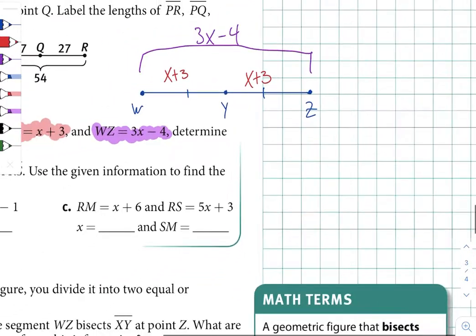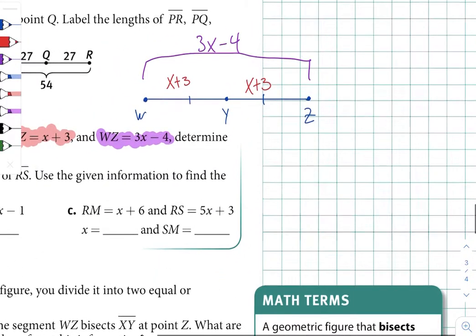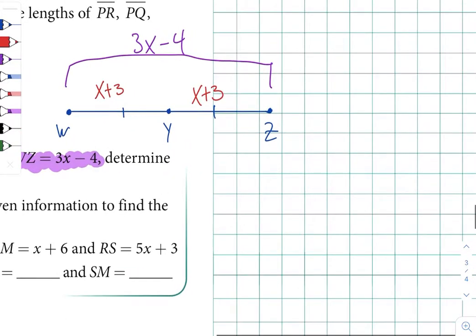Now what I want to do is solve for x. So I have to set up an equation that's going to represent this. Basically the two halves of this line segment will add to be equal to the entire line segment. So the two halves are the same at x plus 3, so I'm going to add those together twice, and that's going to be equal to the entire line segment, which is 3x minus 4.